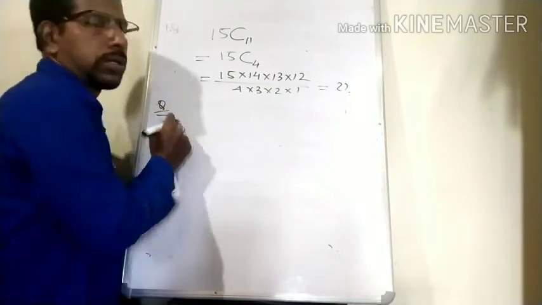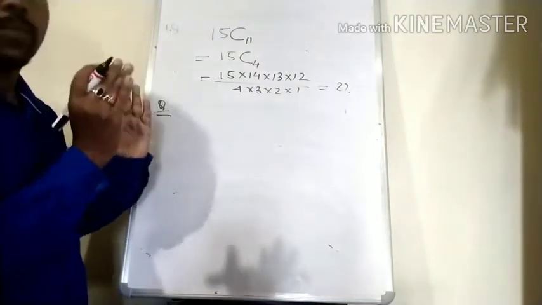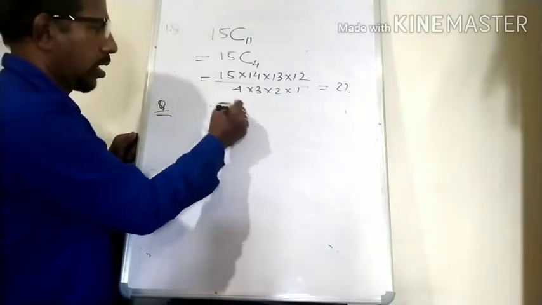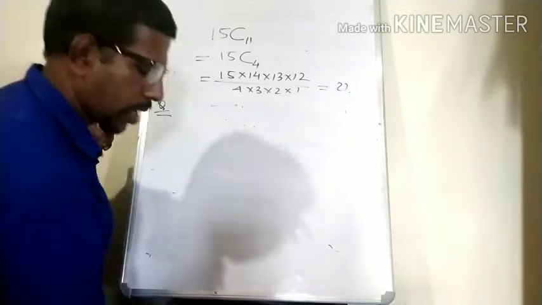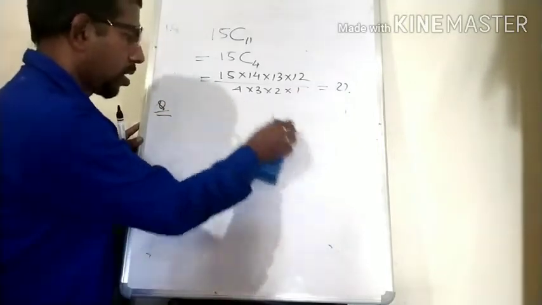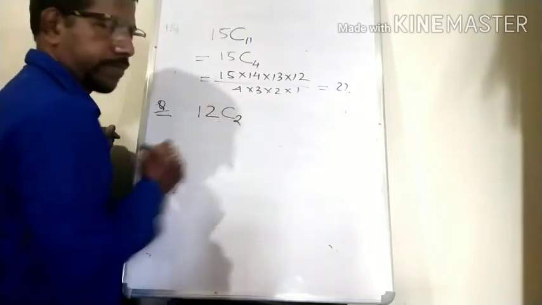Next question: how many straight lines can be obtained from 12 points? Suppose there are 12 points. Straight lines can be joined between 2 points. So how many straight lines will be formed out of 12 points? It will be 12C2.